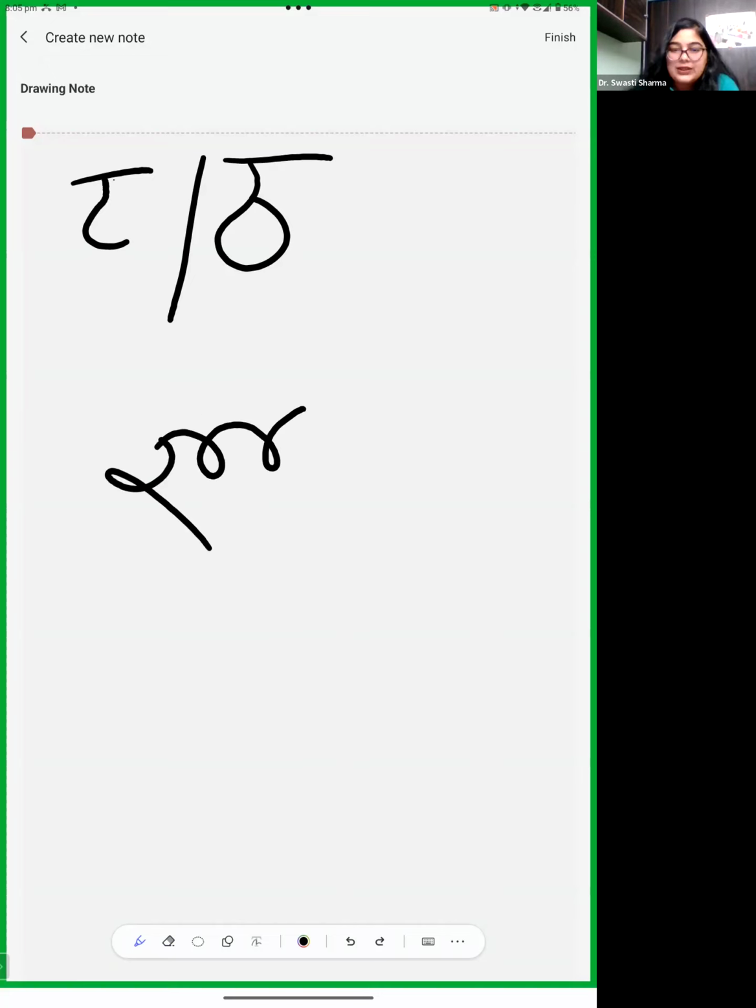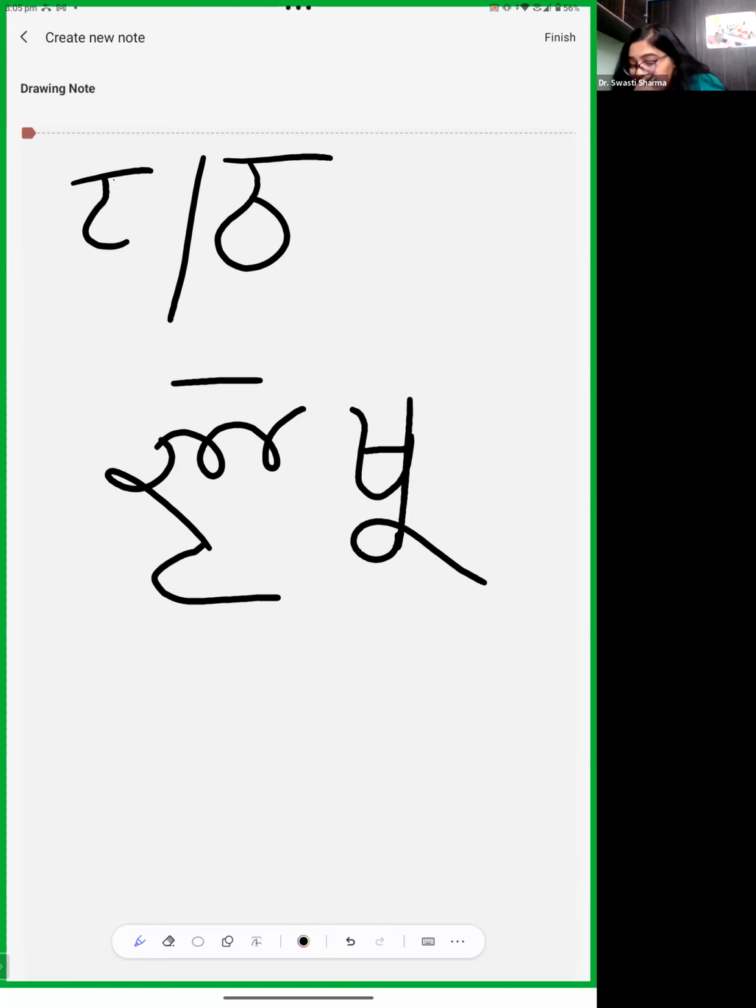We are making this ya, and then ekar matra, then the sha. It doesn't have the upper line. So if we are connecting the ta and tha, it converts into this shape only. This is the different one. You have to note this one.